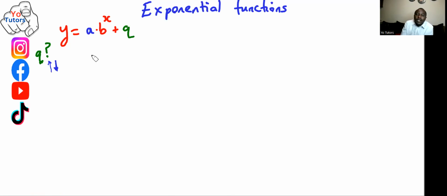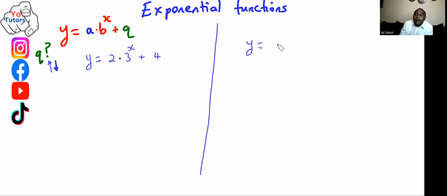Let's say, for example, we're drawing a graph of y equals 2 times 3^x, plus 4. Let's have another one here, y equals negative 2 times 3^x, minus 4.